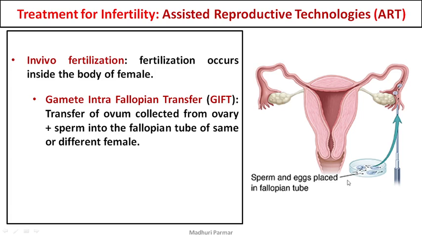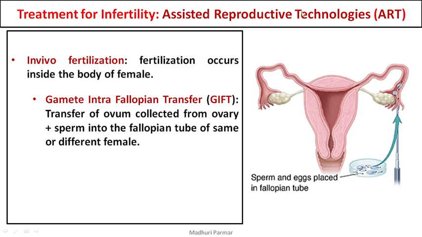As you can see, this is a petri dish. So in the petri dish, you have ovum, you also have sperm, and these ovum and sperm are placed in the fallopian tube like this. And the fertilization and everything else will take place here only. So the rest of the process is natural, but the ovum transfer and the sperm transfer you are doing by hand. So this is gamete intrafallopian transfer.